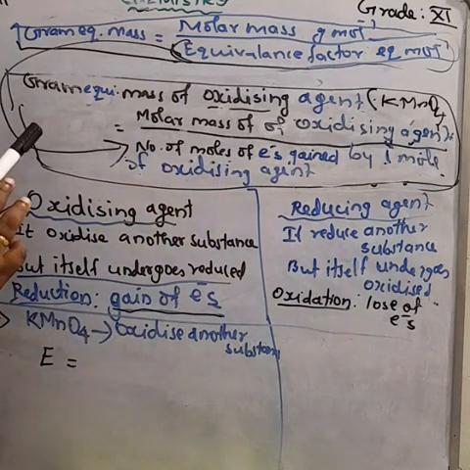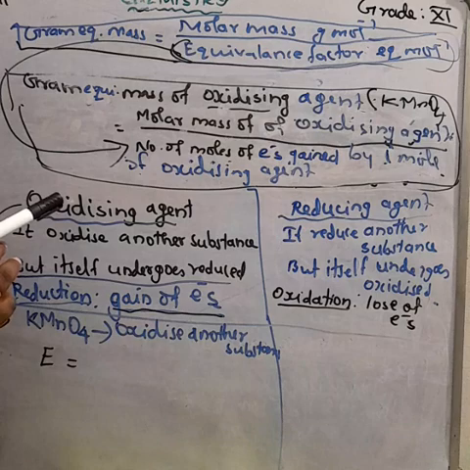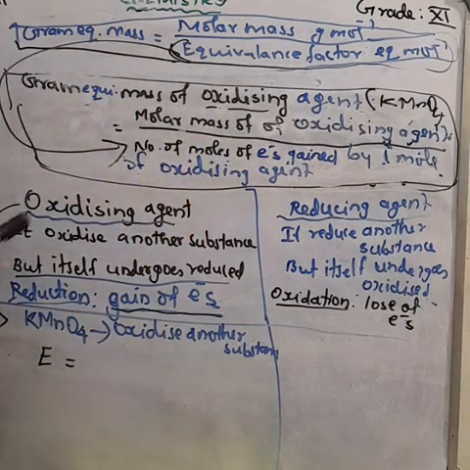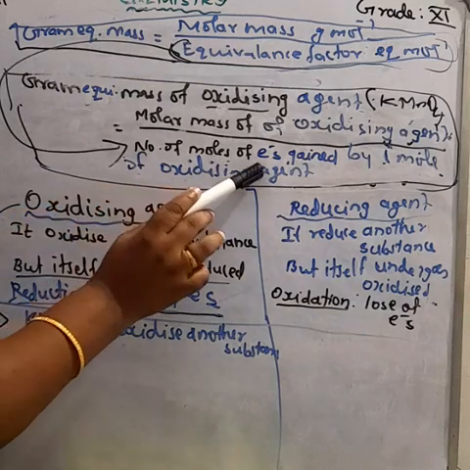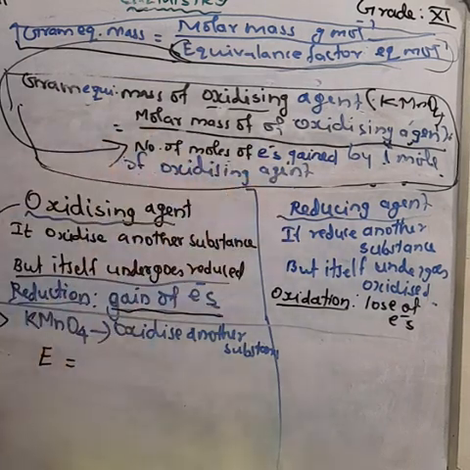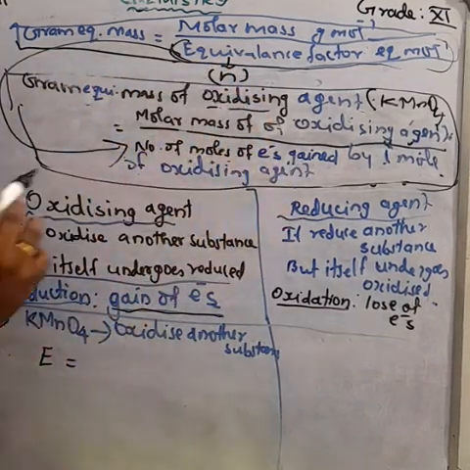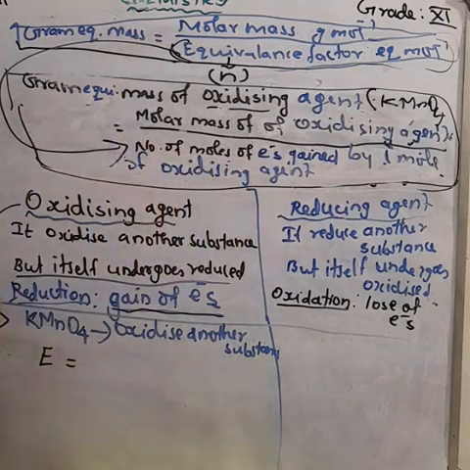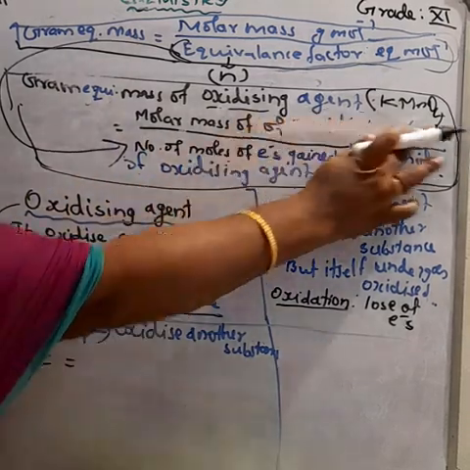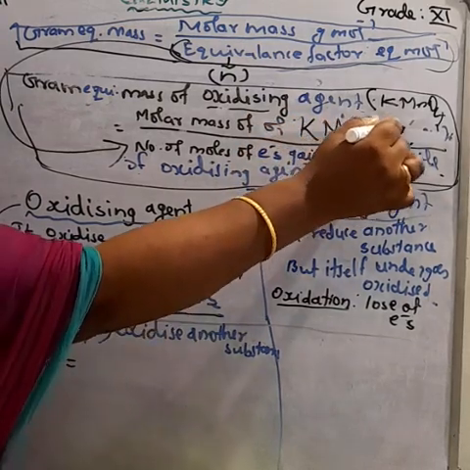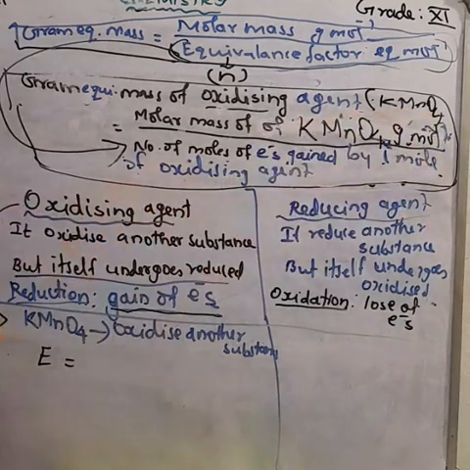But we are studying the oxidizing agent. So the gram equivalent mass is equal to the molar mass of the oxidizing agent, in gram per mole, divided by the number of moles of electrons gained, giving equivalent per mole.